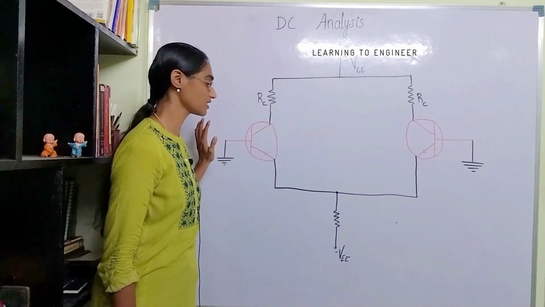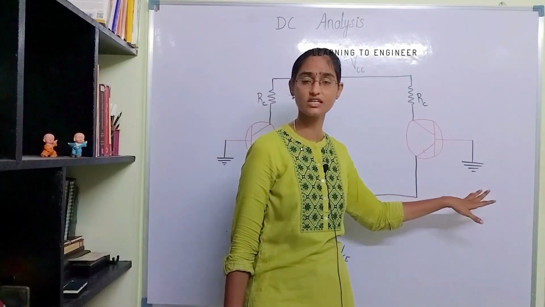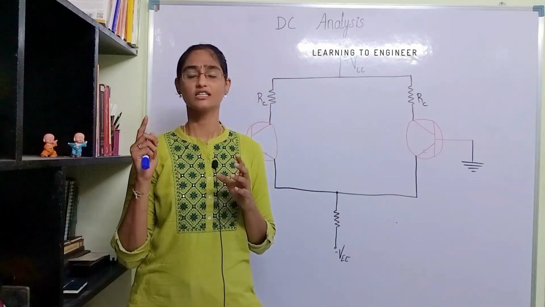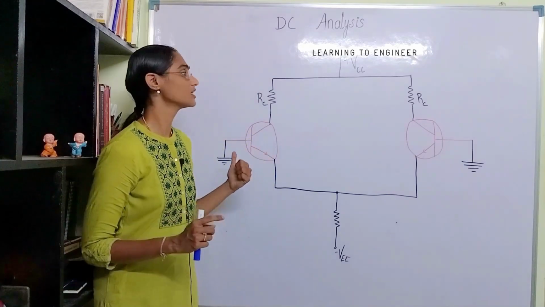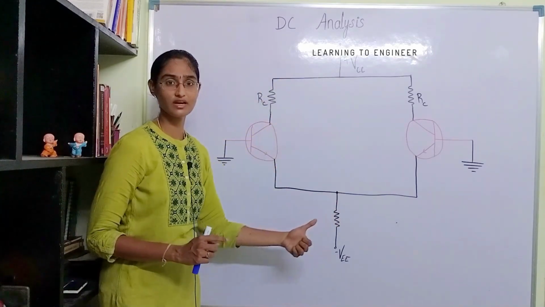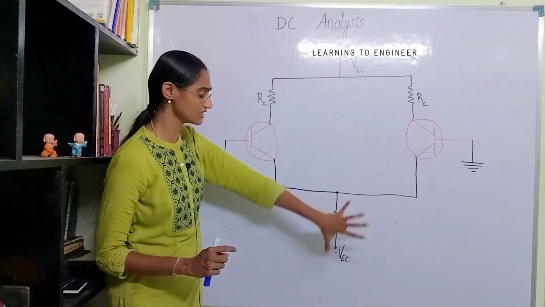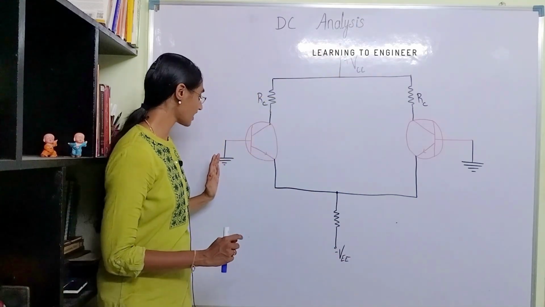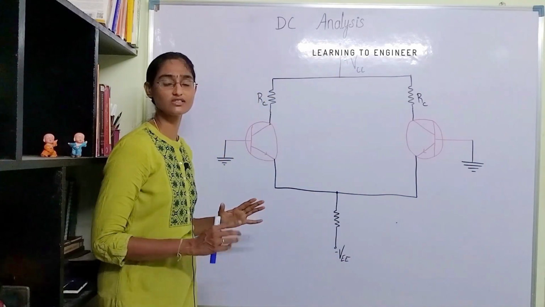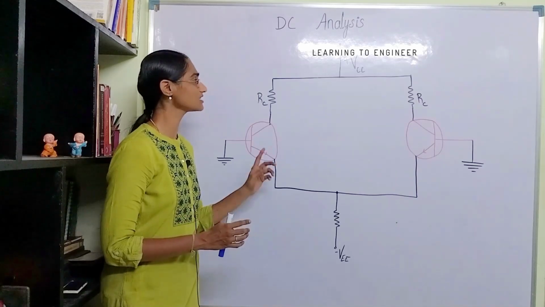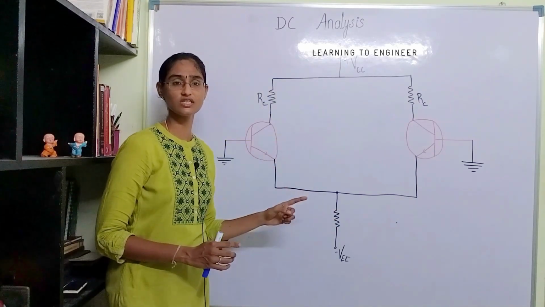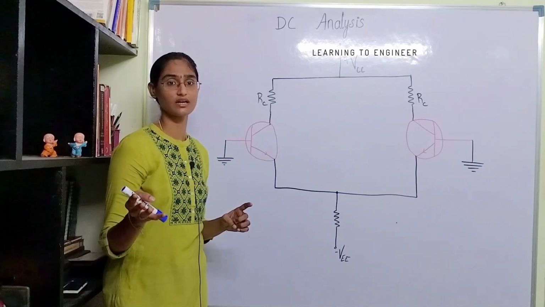This is the inverting terminal, that is the non-inverting terminal, and these inputs will be AC. To analyze the DC alone, we have only these DC supplies and we are nullifying the AC supplies for now, so that we understand the DC circuitry and then go ahead with the AC part.